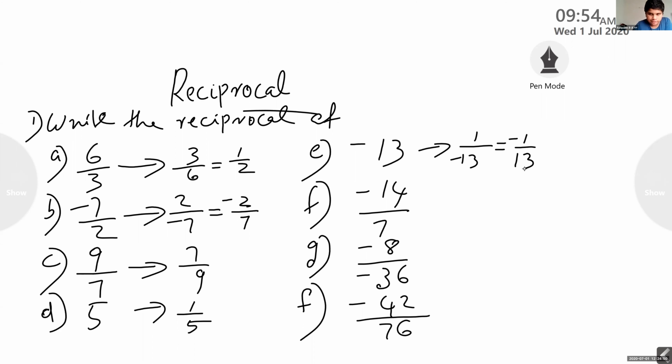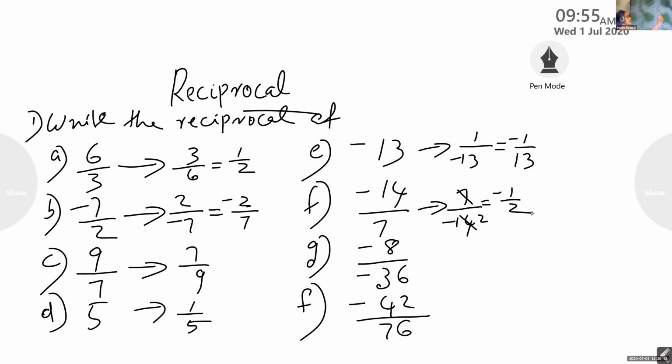Isha, next answer. 7 by negative 14, or we can write, 7 here we can cancel, it is negative 1 by 2. So 7 twos are 14 and negative we can take into the numerator.